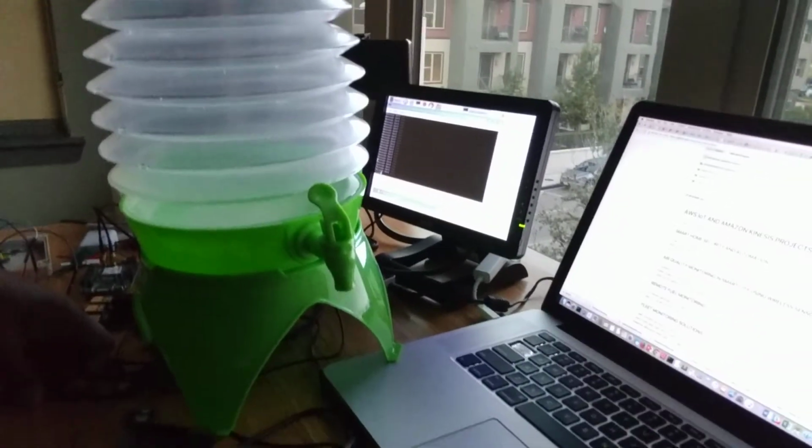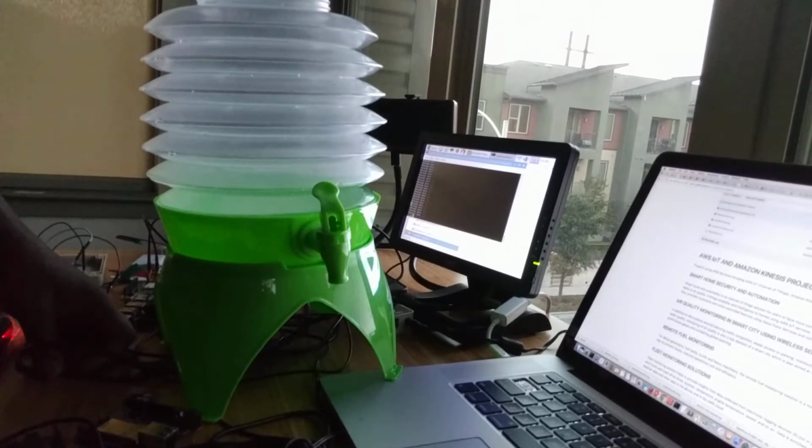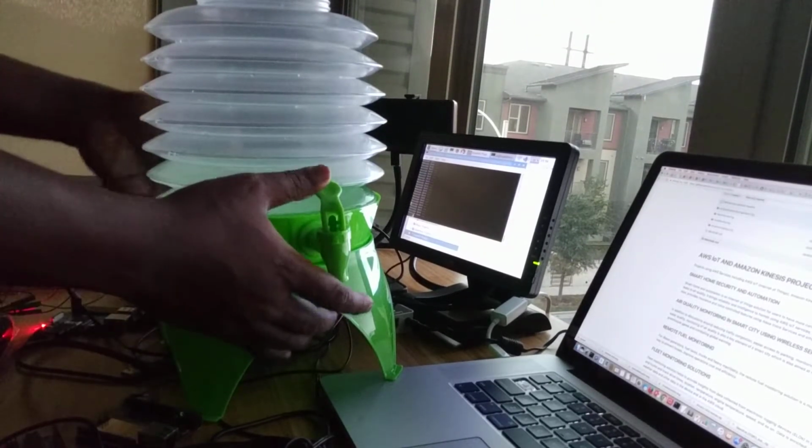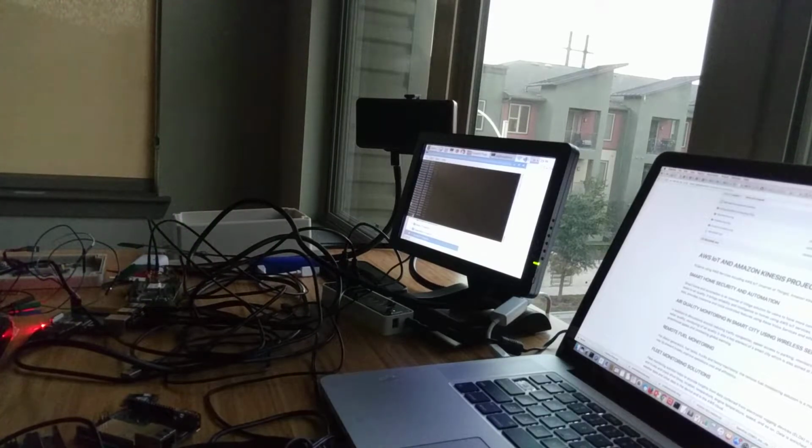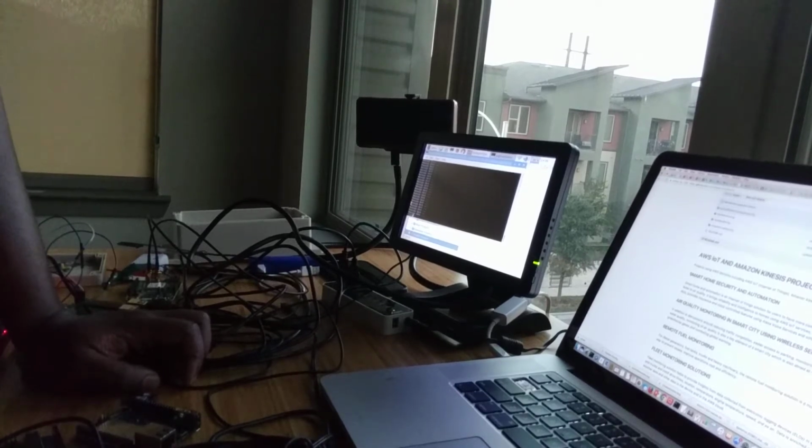So this is what it looks like. It's not only relevant to fuel tanks. This solution is also relevant to diesel generators, heavy machineries, and diesel trucks or gas trucks.